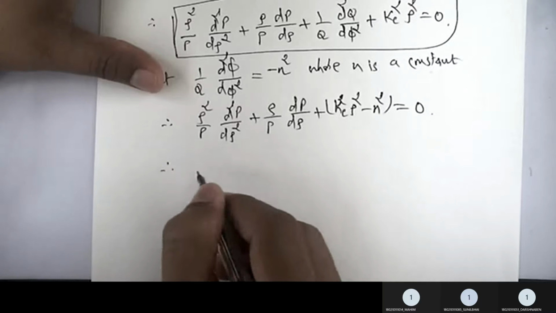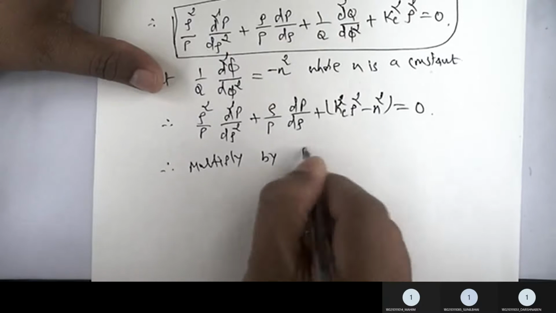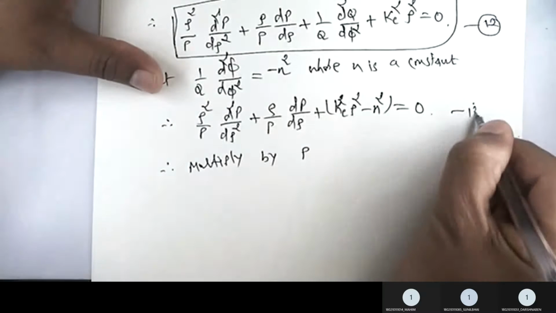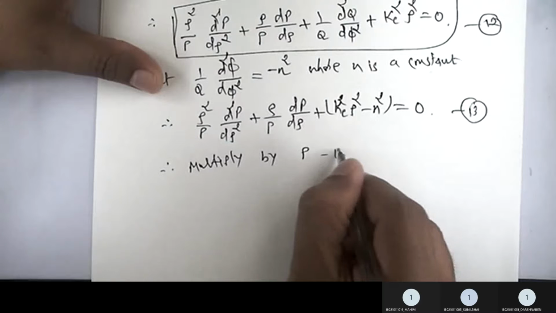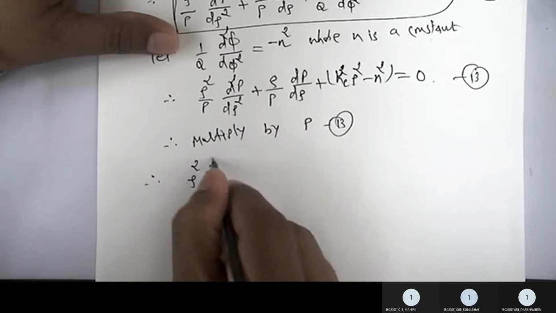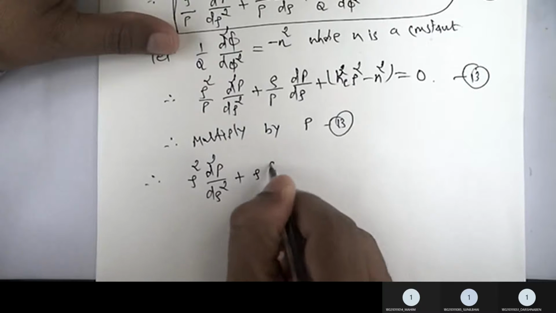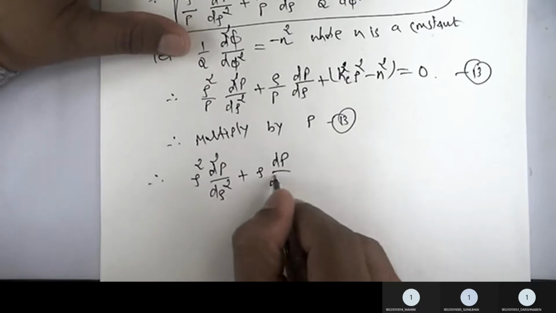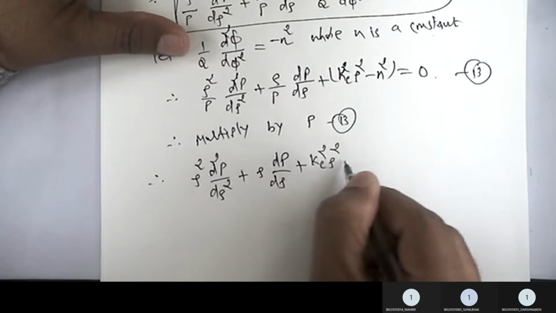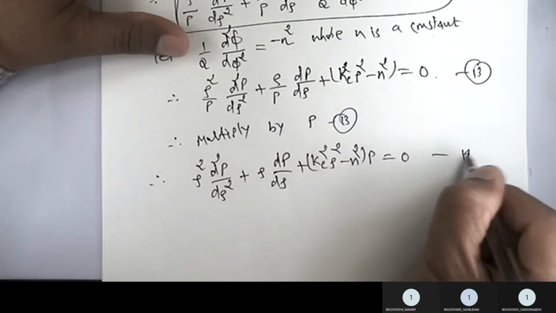So what I do, if I once again multiply by p this expression, number 13, by p, then what will happen now: this will become rho square d square p by d rho square plus rho dp by d rho plus (k_c square rho square minus n square) p, that is equal to 0.